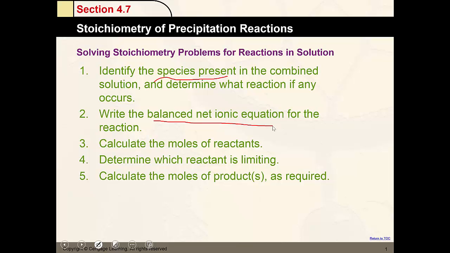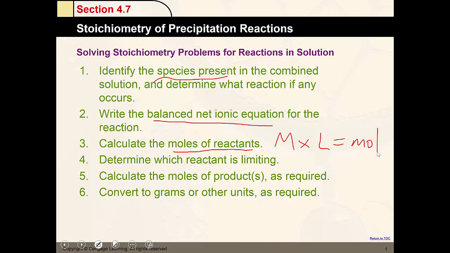We can calculate the moles of reactants, which, remember, is molarity, the moles over liters, times the volume in liters, and from that you get your number of moles. Then once you have the moles of each reactant, you can determine which one is the limiting reactant by converting to the mass of the product as your final step.